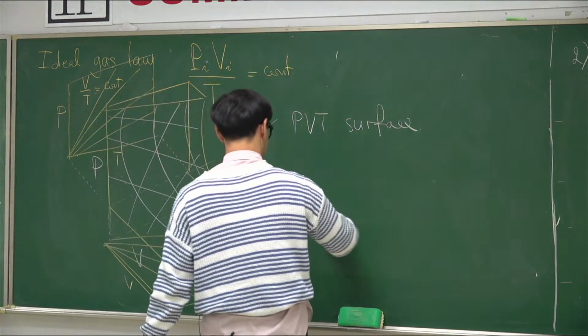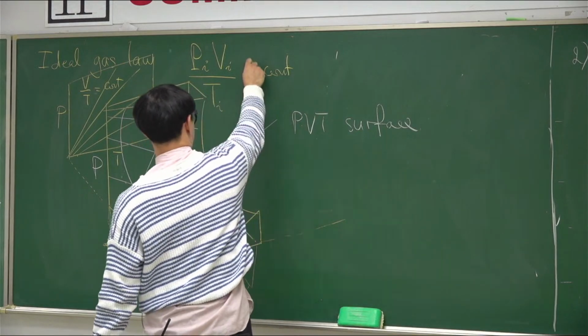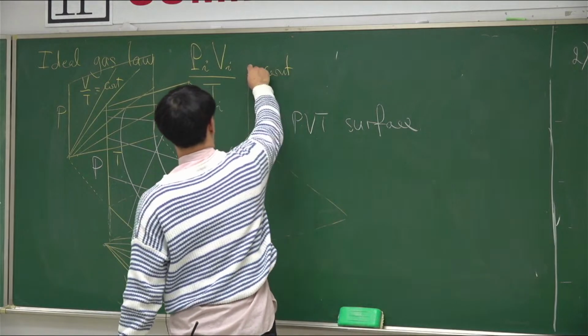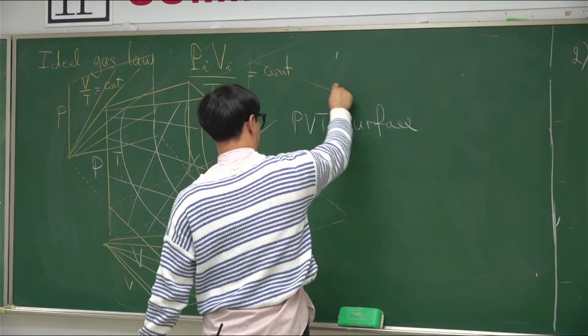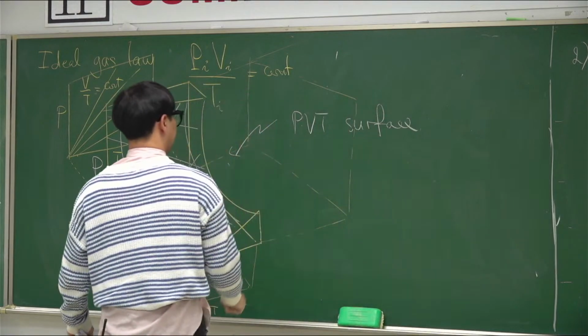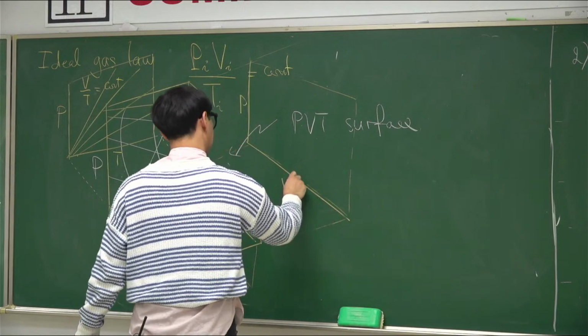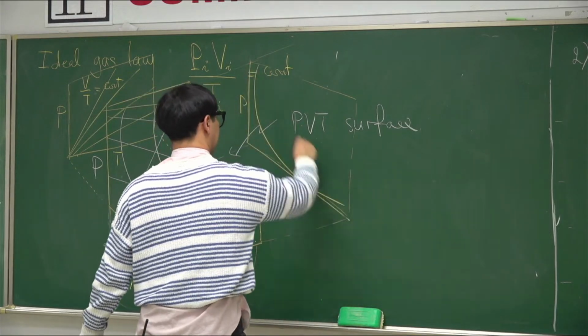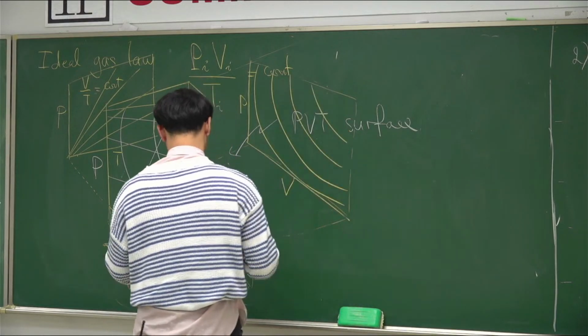If you project this whole thing, right here, this is P, this is V, and then you will get this isotherm right here.